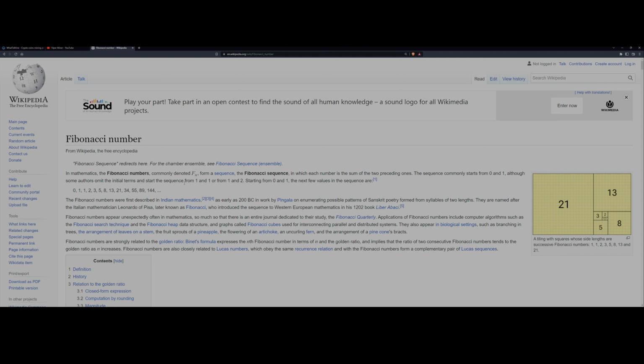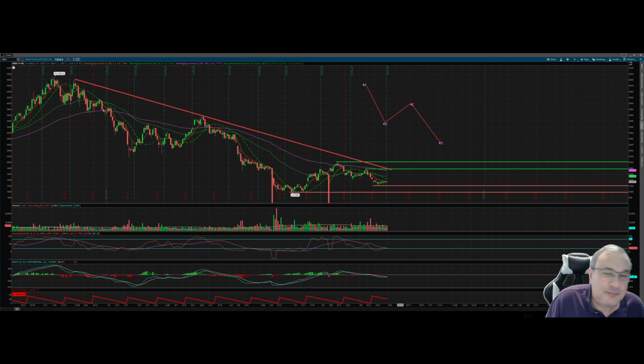So your sequence is 1 and 1, or the form of 1 and 2, and that's kind of how you start out, right? So 2 and 3 is 5, and then 3 and 5 is 8, 8 and 5 is 13, 13 and 8 is 21, and that's the sequence. And it's everywhere in our reality. It's even in the cosmos, right? So let's get back to our chart.